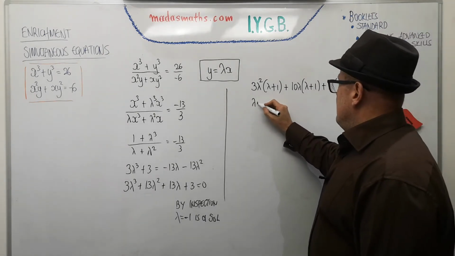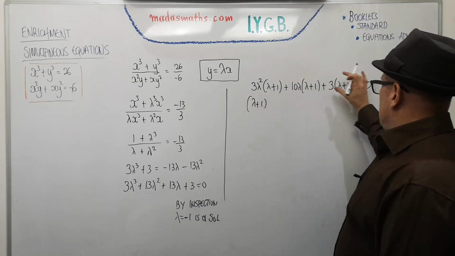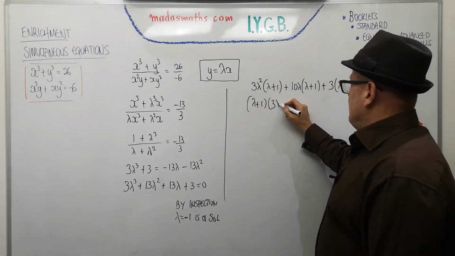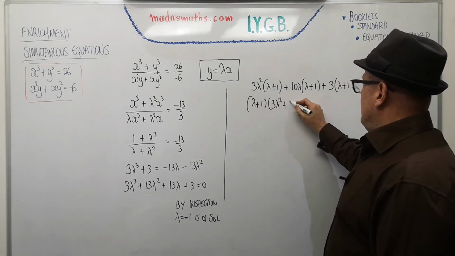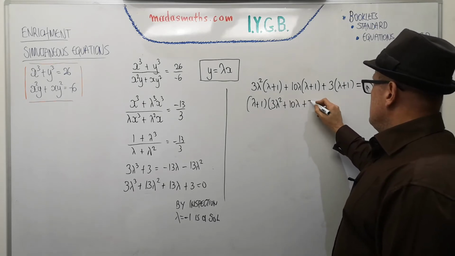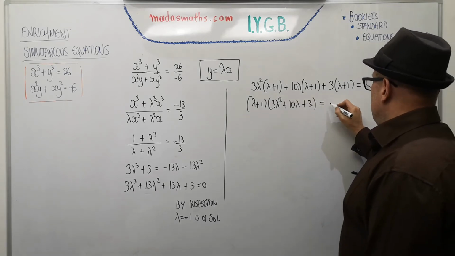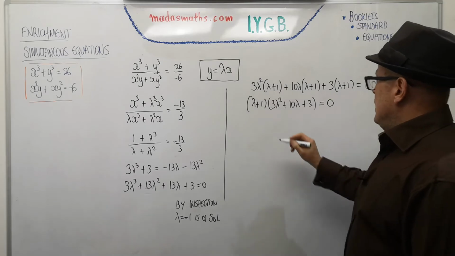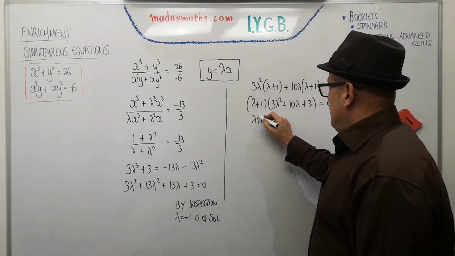So I can factorize now the lambda plus 1 from each of those terms. If you didn't follow that, just do a long division or whatever method you're using, and you're done. And of course, we're going to have lambda plus 1.